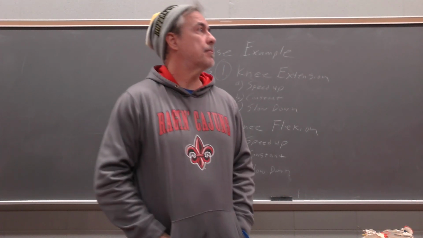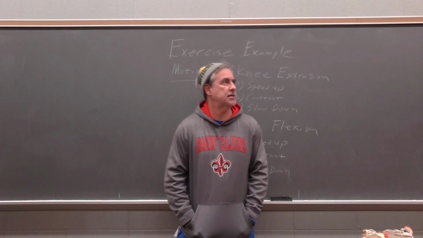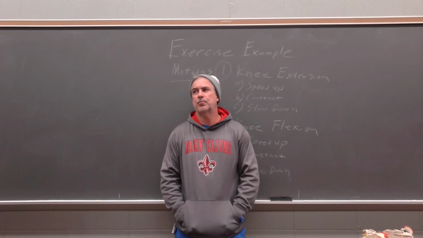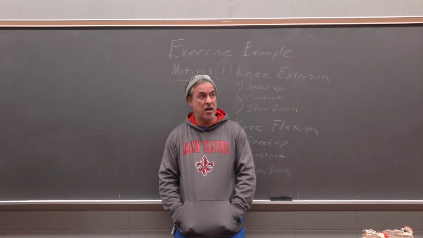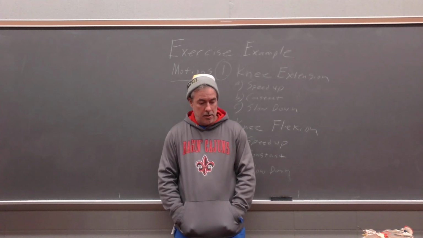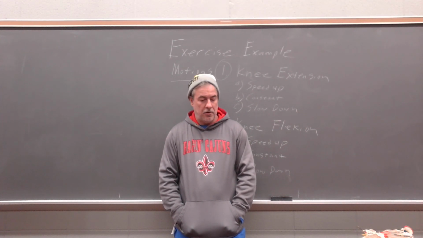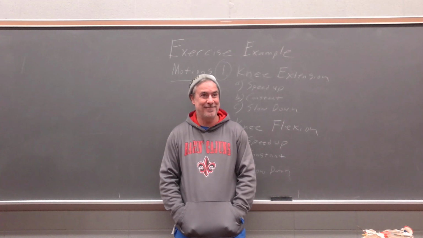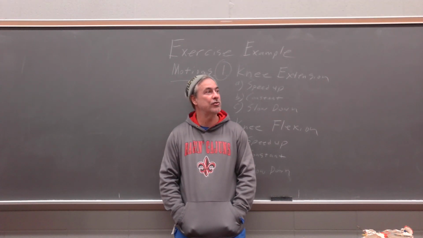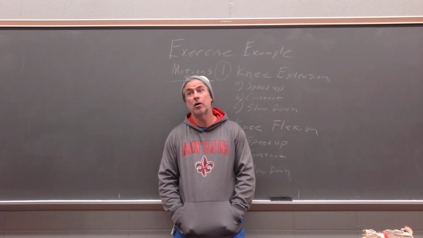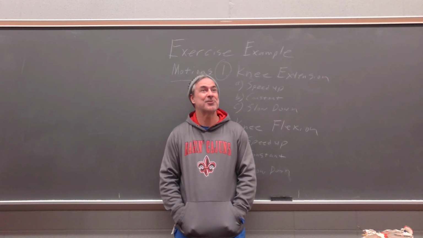So what I'm getting at is when you're doing, let's say, a chest press or a bench press, and you're doing 200 pounds. You're not doing 200 pounds throughout the entire bench press. There's going to be phases where you're doing less. There's going to be phases where you're doing more. And there's going to be phases where you're actually doing 200.